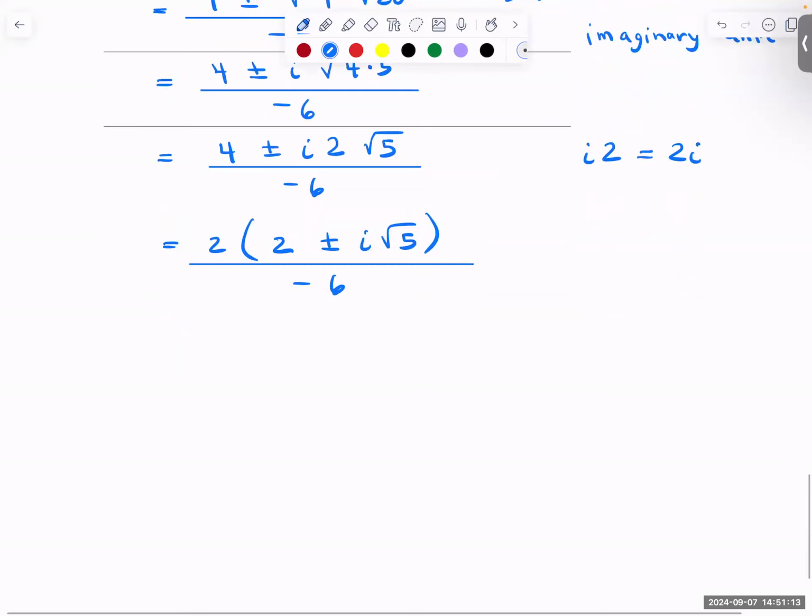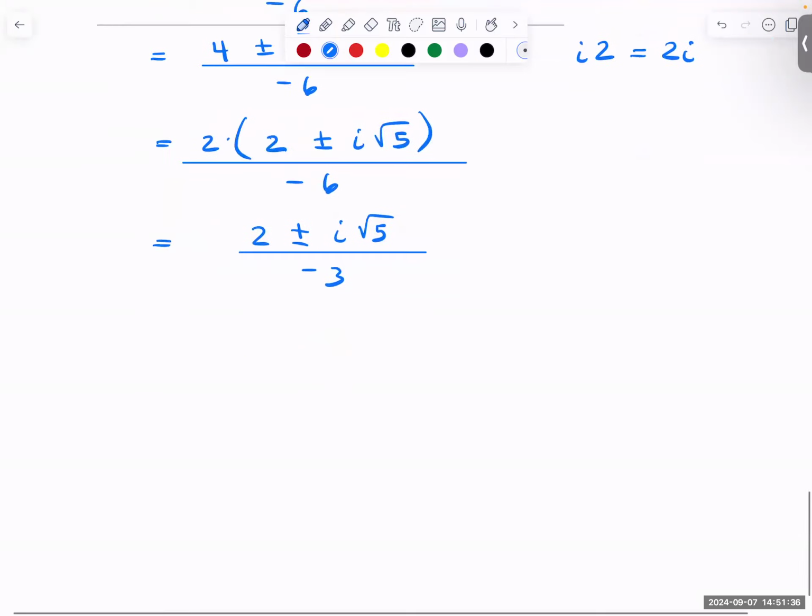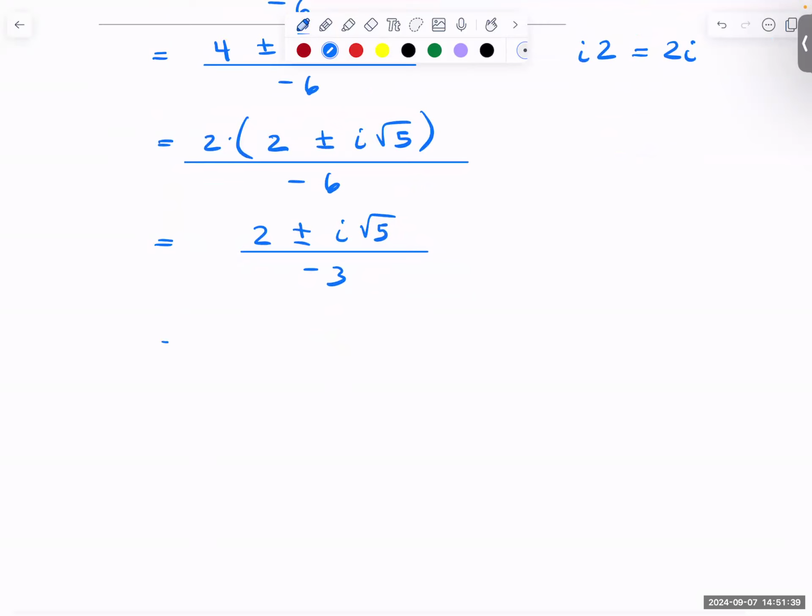So the 2 on the outside is a factor. We can divide and cancel a factor, but not divide and cancel a term. A term is separated by addition or subtraction. So we cannot divide and cancel the 2 that's inside the parentheses. So we have 2 plus or minus i square root of 5 divided by negative 3, which is the same as that negative on negative 3 we can write in the numerator as a negative 1, and then have a positive denominator.